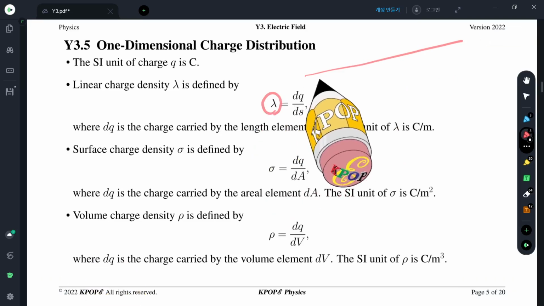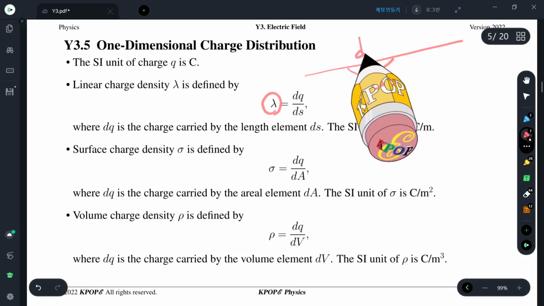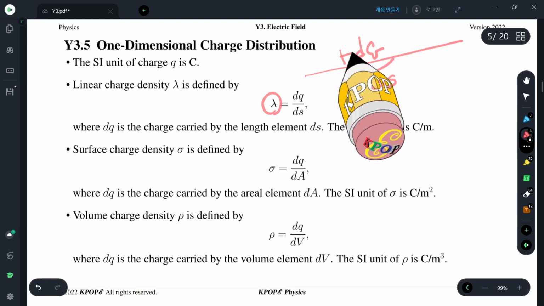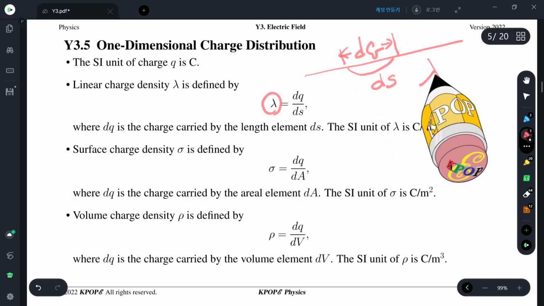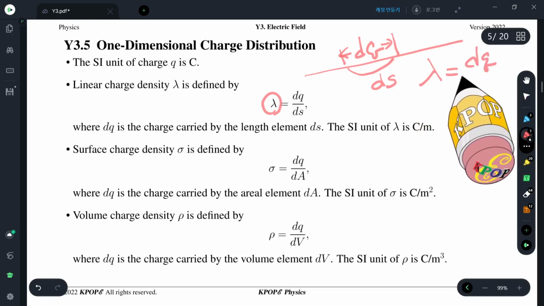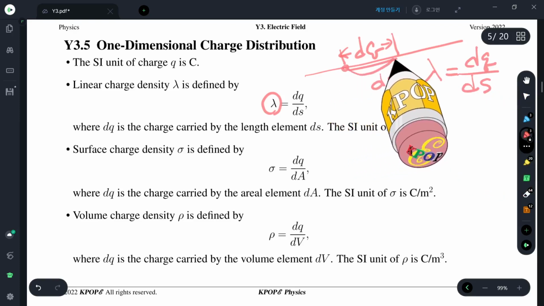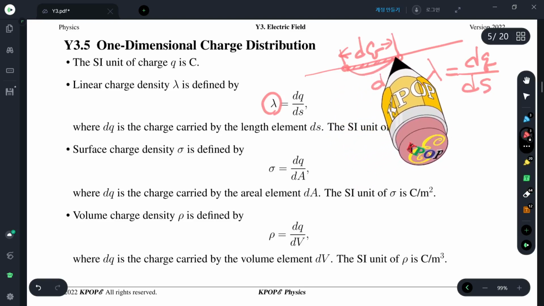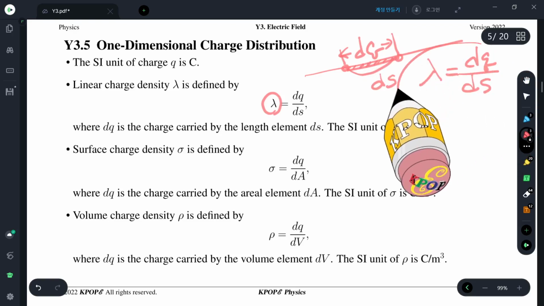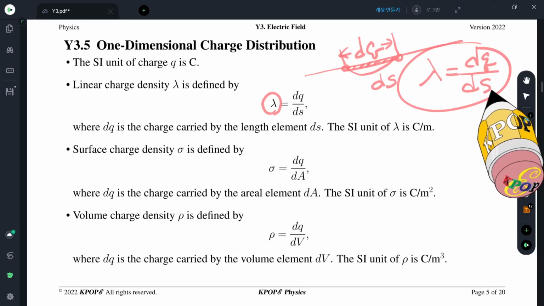That means per unit length, we assume dq is placed. The ratio of charge divided by the length of the line segment on which the charge is distributed is assumed to be constant when it is uniform.